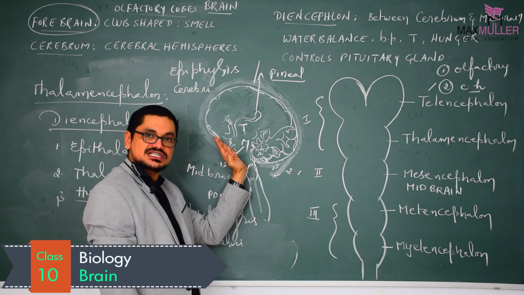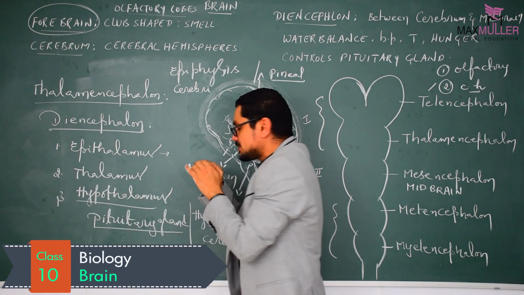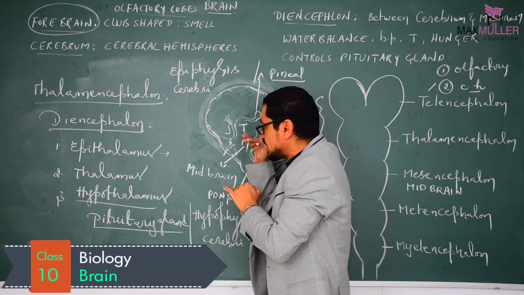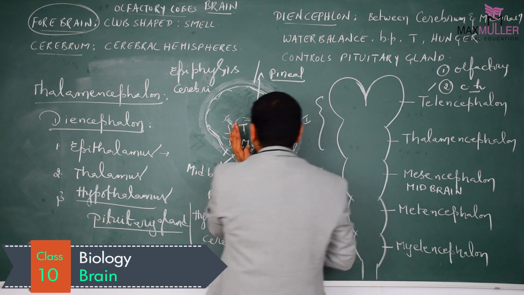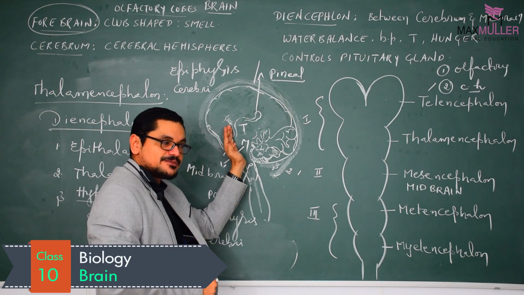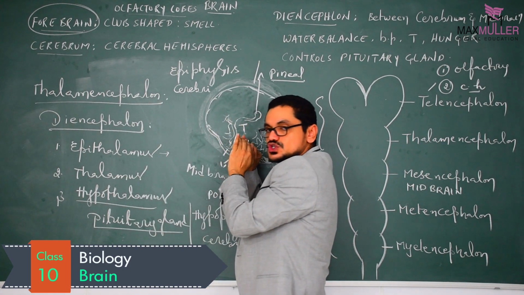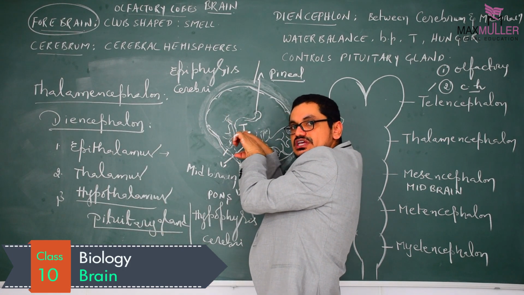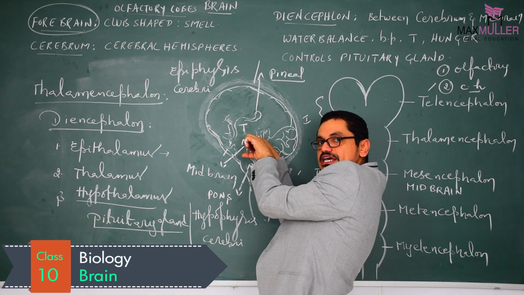this will become the ventral surface of the brain, and this will become the dorsal surface of the brain. This is ventral and this is dorsal. So if you observe the dorsal surface of the brain, two lobes are present like this.